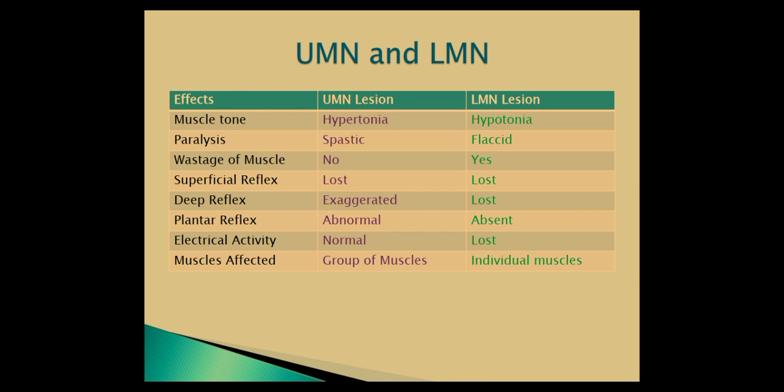What about the muscles affected? In the upper motor neuron lesion, groups of muscles are affected, and in the lower motor neuron lesion, individual muscles are affected. So that is the basics of the upper motor neuron and lower motor neuron.